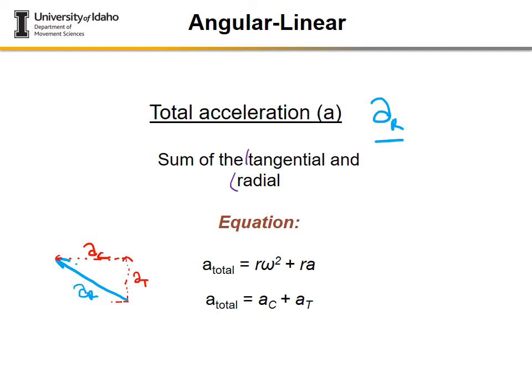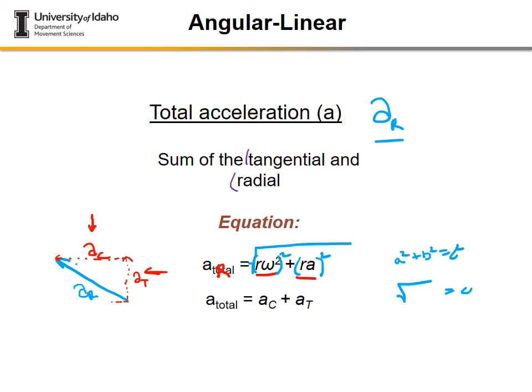Now, if you can see this, remember we have calculated this and we've calculated this, giving our two equations, centripetal acceleration and tangential acceleration. To get the total, or a sub r, all we need to do now is complete the Pythagorean theorem. Remember, a squared plus b squared equals c squared, and to get c you have to take the square root of both sides.